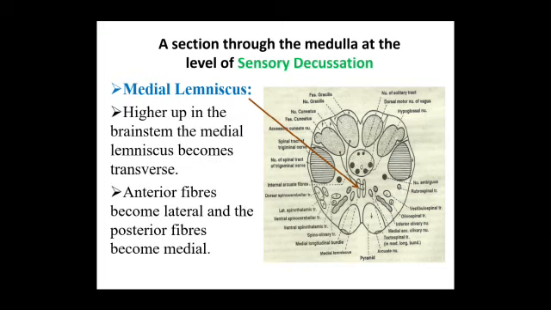Initially the medial lemniscus was lying longitudinally, as you can see here, but as it ascends upwards into the brain stem, this medial lemniscus becomes transversal. The anterior fibers become lateral and the posterior fibers become medial.